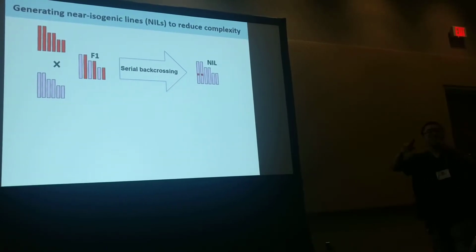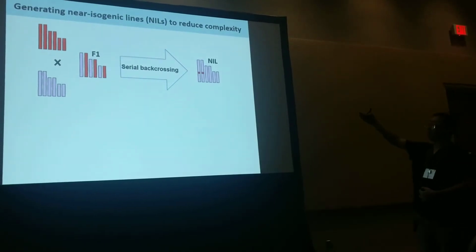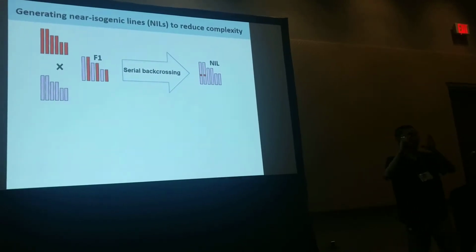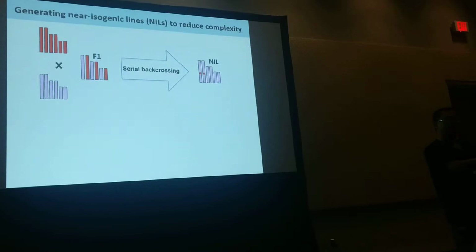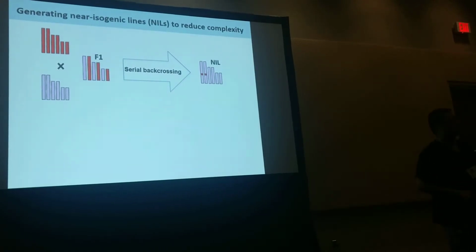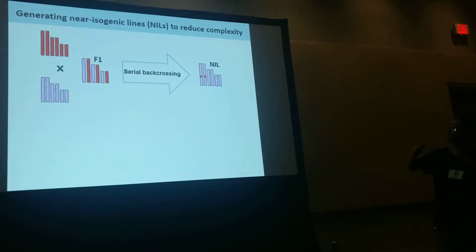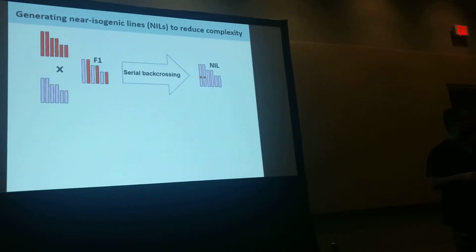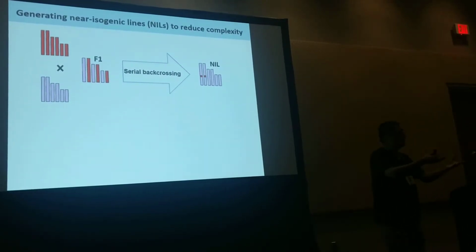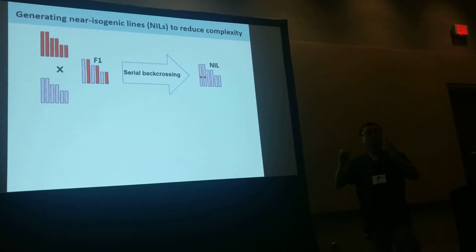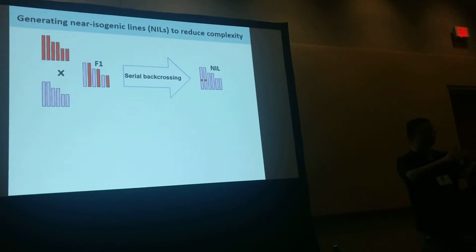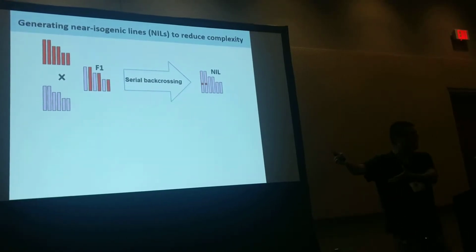By back crossing, you can gradually clean up the genomic background of this so-called dual isogenic line, to make it the same as one species, but with only one little chromosome chunk coming from the other species. Of course, by making those dual isogenic lines, you are selecting them based on phenotypes. You're selecting those interesting phenotypes. You want individuals that look just like one species, except one trait is different, one trait that looks more like the other species.